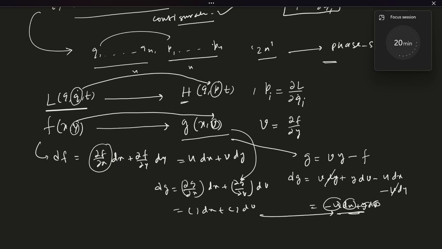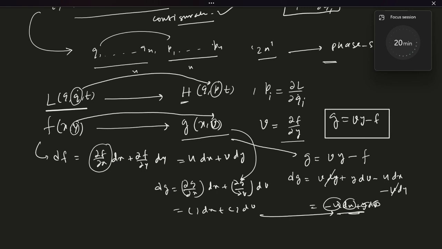So if you have a function f of x and y, and we go to another function g of x and v, where v is not an arbitrary parameter but is connected to f in this way, v is df by dy, then you can write g equals vy minus f.